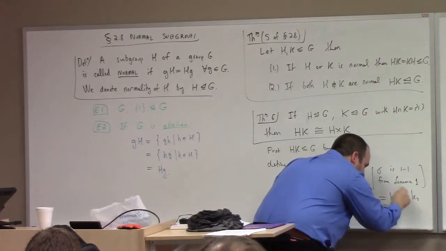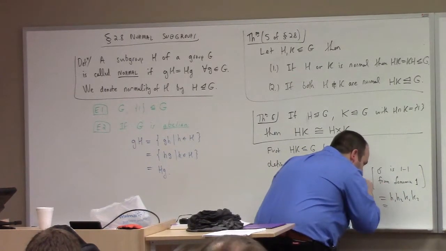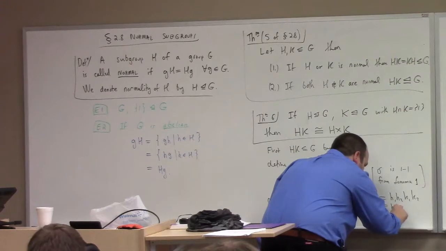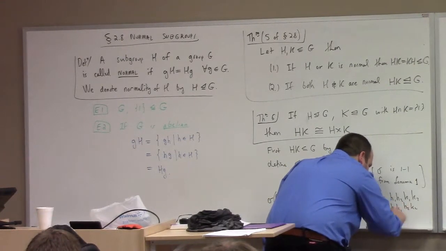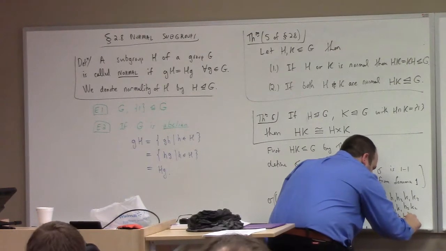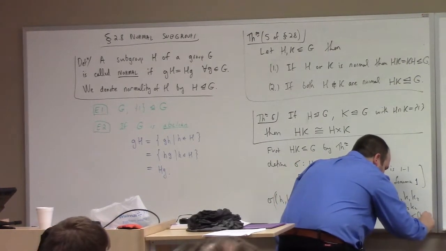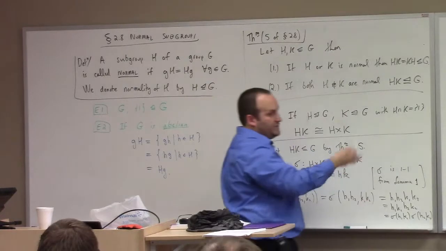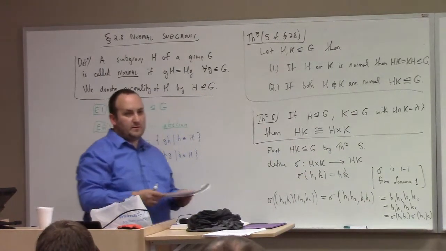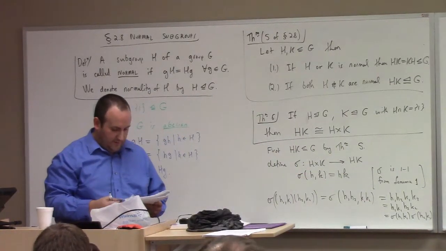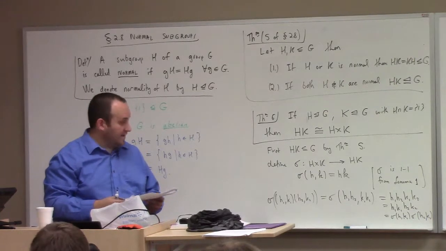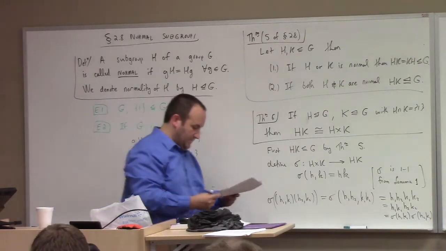We can commute the middle terms, and we get h1k1h2k2, but hey, that's exactly sigma of (h1, k1) times sigma of (h2, k2), and there you go, that's the homomorphism property. The homomorphism property basically follows from lemma 1, and I'll leave the rest of the details to you guys, but this is super nice.